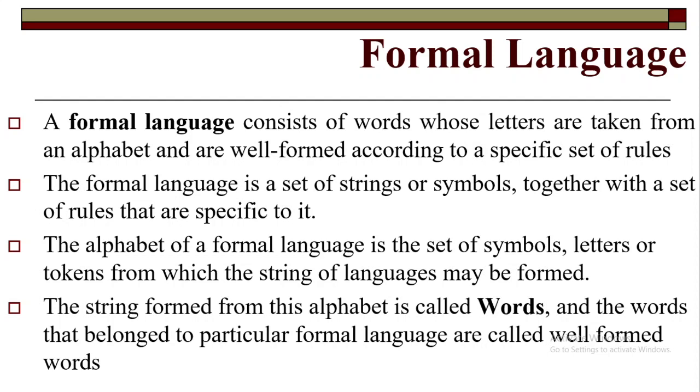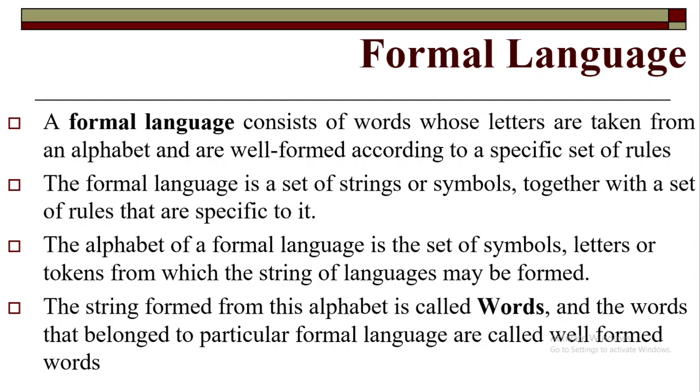The formal language is a set of strings or symbols together with a set of rules that are specific to it. The alphabet of a formal language is a set of symbols, letters or tokens from which the strings of the language may be formed. We have to give a set of alphabet from which a formal language is used.